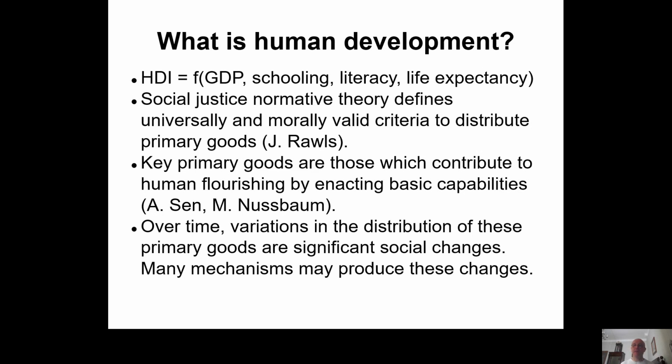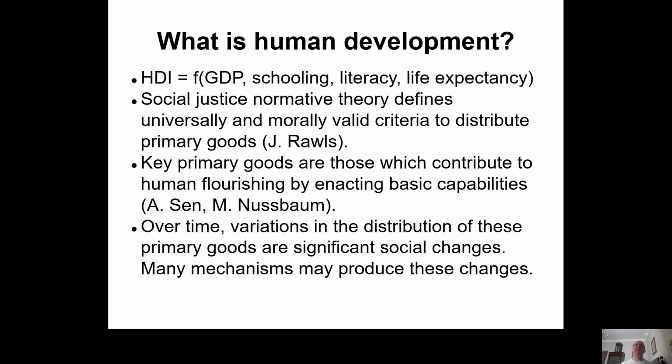The more we can develop our basic capabilities, the more we can live, the more we can learn, the more we can build just arrangements with one another. Sen and Nussbaum claimed that we need to focus on these basic capabilities in order to make sense of justice and human development.